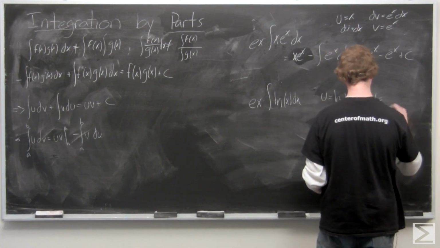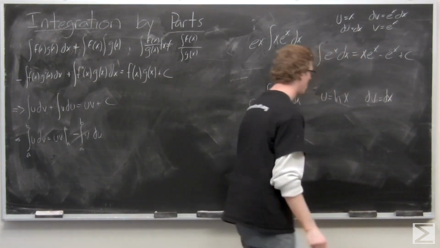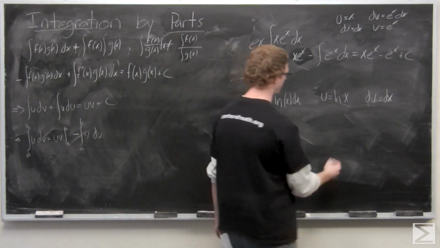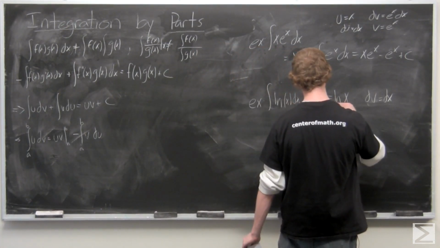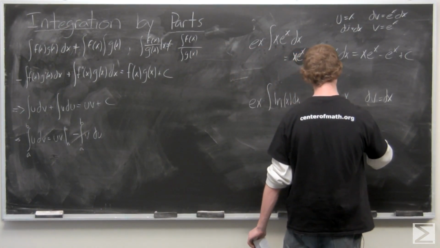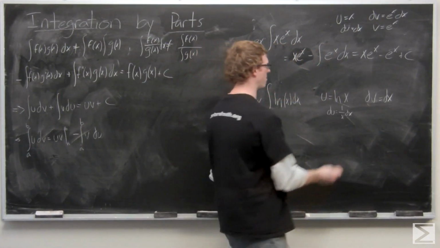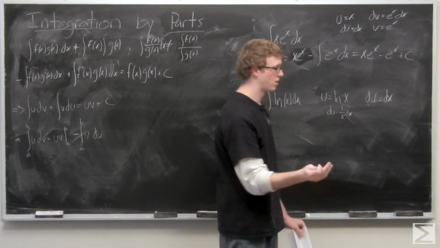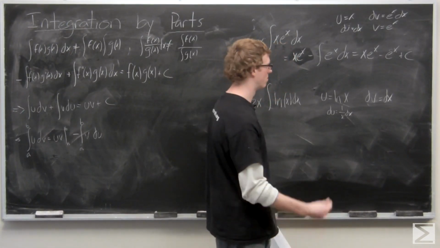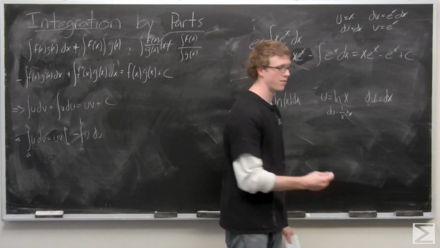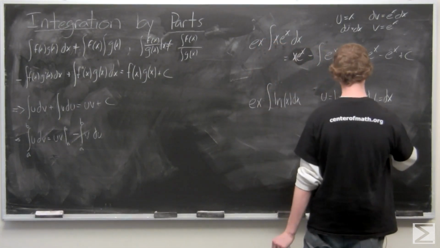Now differentiate u: du equals 1 over x dx. And take the antiderivative of dv equals 1 dx. The antiderivative of that is just x, so we have v equals x.